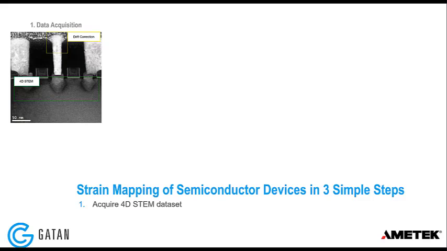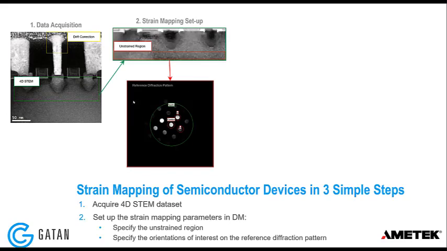compare the diffraction patterns that we collect in nanobeam mode in a strained region of the sample to a diffraction pattern in an unstrained region of the sample. So you generate a reference diffraction pattern from an unstrained region of the specimen, and then you compare pixel by pixel the rest of the diffraction patterns in the data to this reference diffraction pattern and measure how much the distance between the reflections has changed.